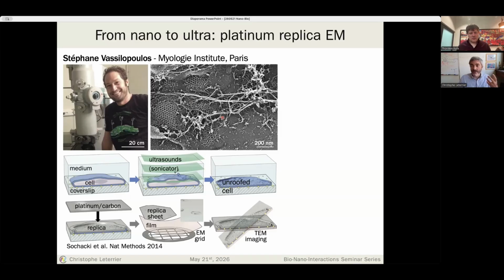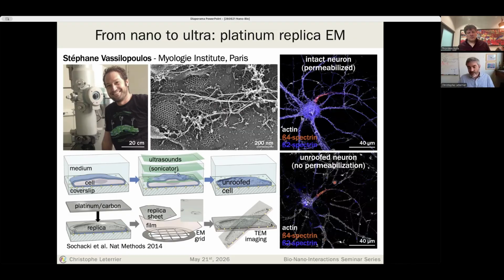So we thought, okay, the actin rings and the spectrin mesh are submembrane in the axon. So if we can unroof axons, we might be able to see by this electron microscopy technique the ultrastructure of the MPS. And at the time, nobody had ever seen the MPS with electron microscopy, which made even some people doubtful that it existed, because they said, why has the electron microscopy never been able to see it?